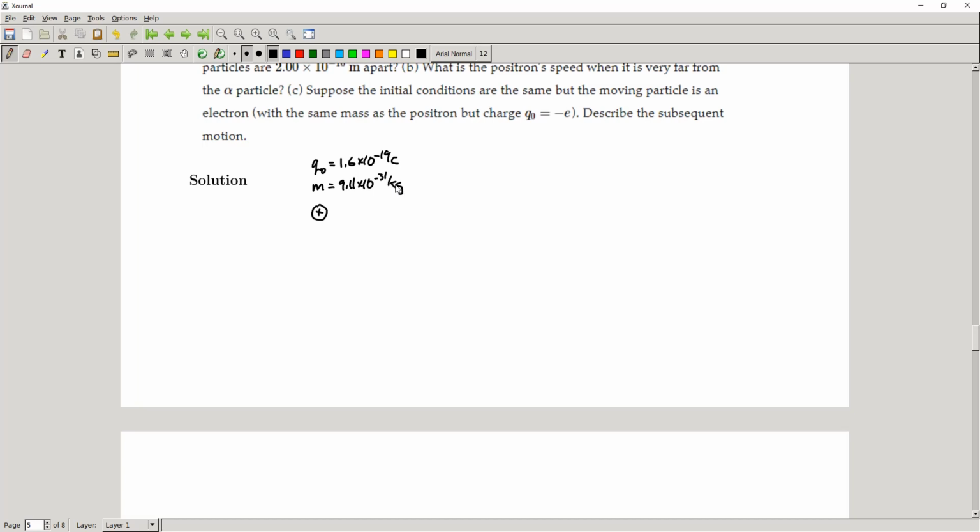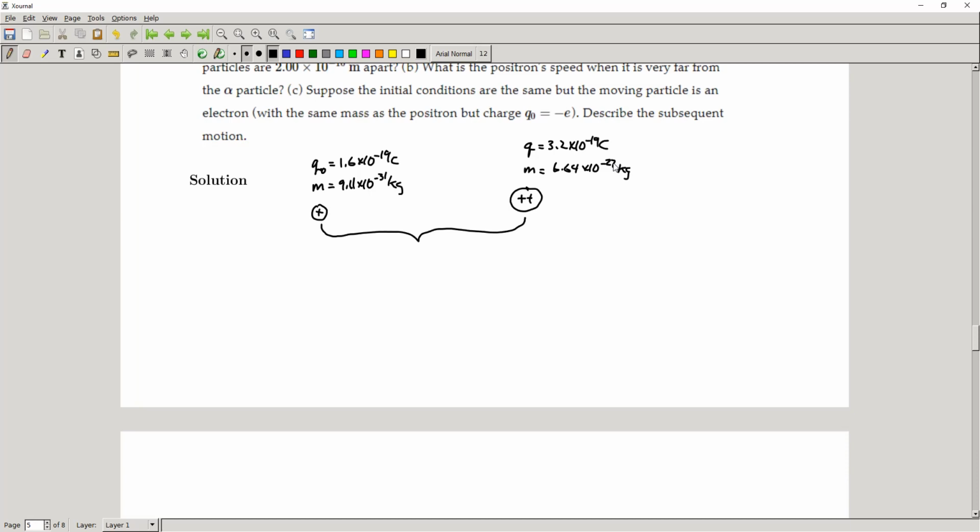And it is going to be some distance from this, our alpha particle, and we're going to call this Q. This is going to have some charge, 3.2 times 10 to the minus 19 coulombs, and a mass much larger than that of the positron, at 6.64 times 10 to the minus 27 kilograms.